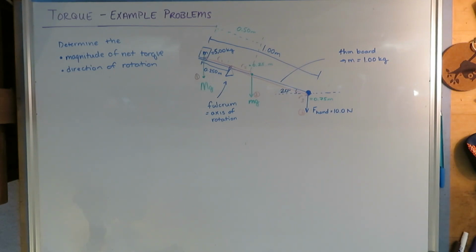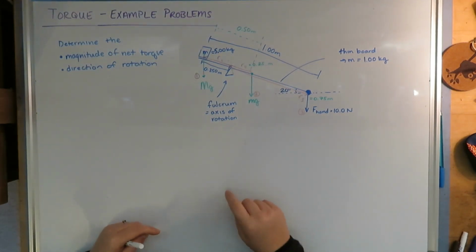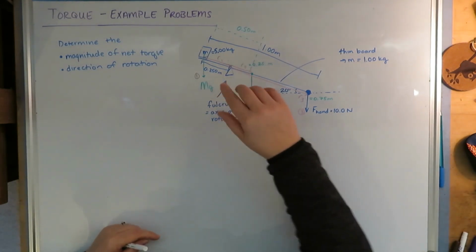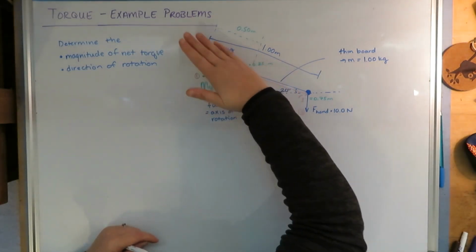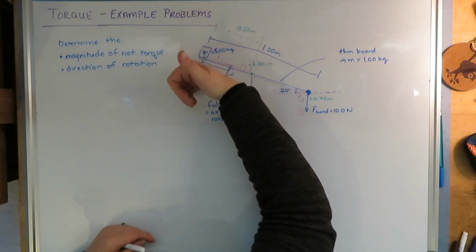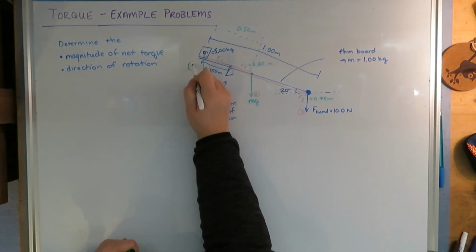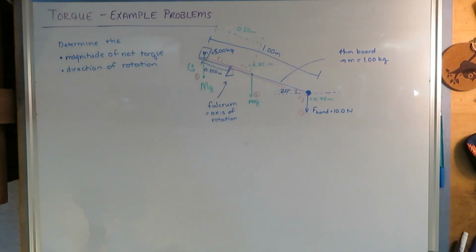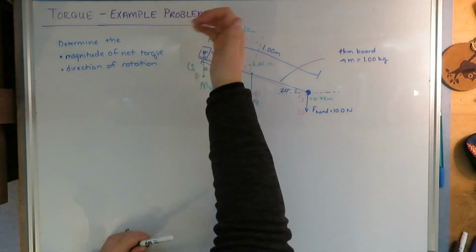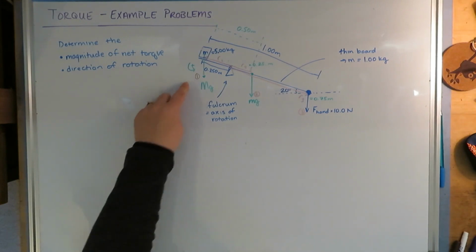We need to figure out which ones are causing positive and negative torques. If I look over here at force 1, if I put my fingers in the direction of R, rotate my palm in the direction of the force, and curl my fingers, that one's up. So that one's going to cause a positive torque, because that is going out of the page, which is causing a counterclockwise rotation.